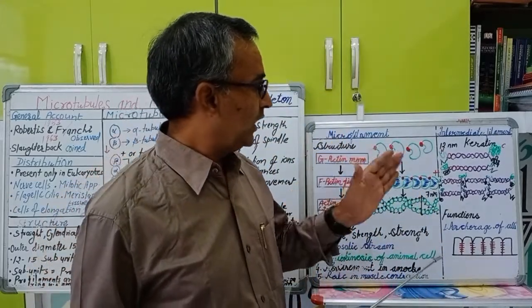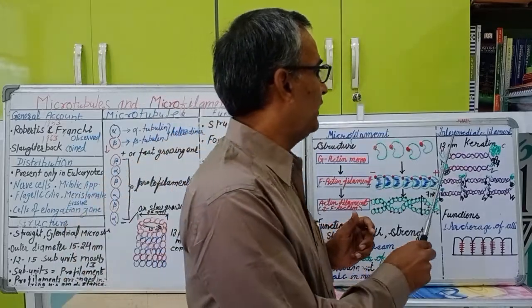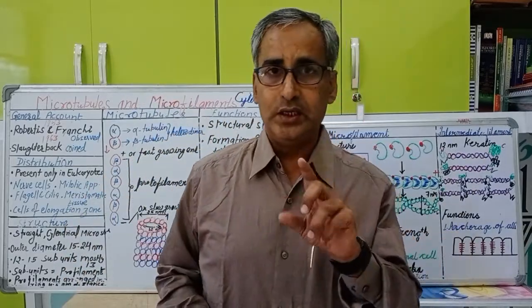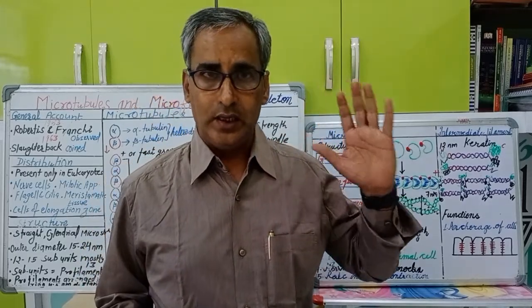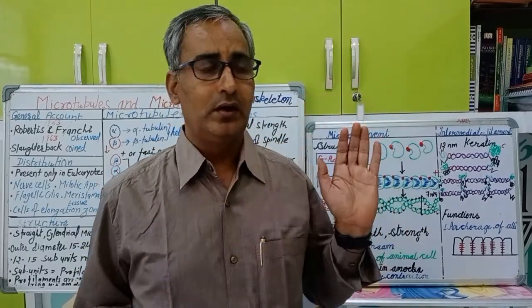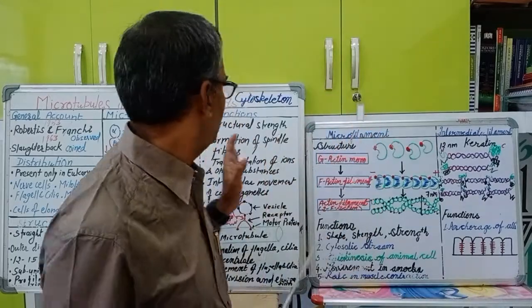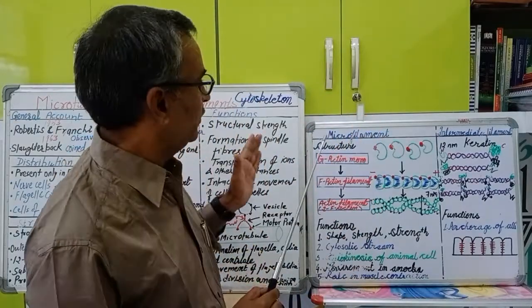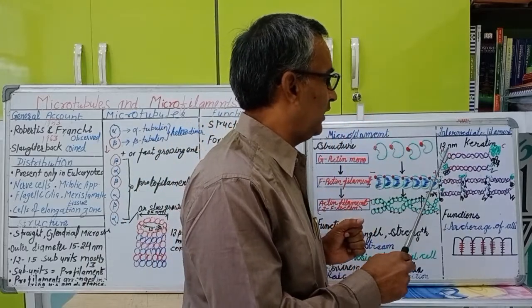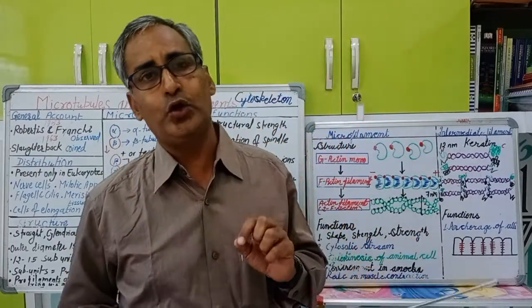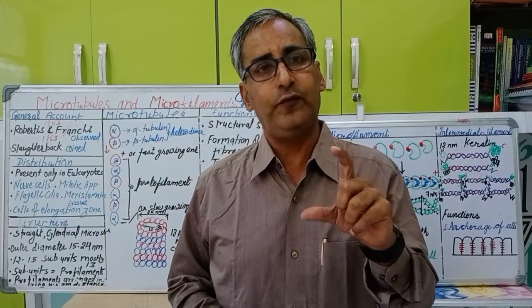Now the third type of filaments are known as intermediate filaments. They differ from microtubules and microfilaments in that they are rigid structures, while microtubules and microfilaments are flexible structures.